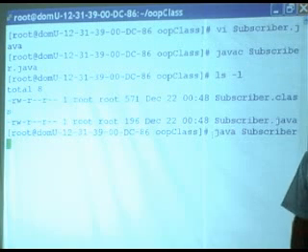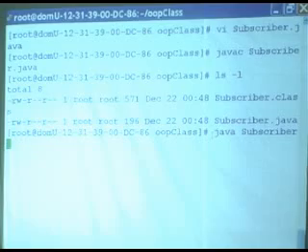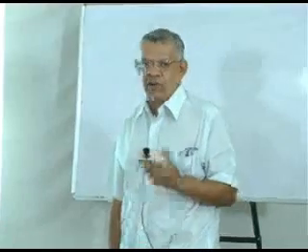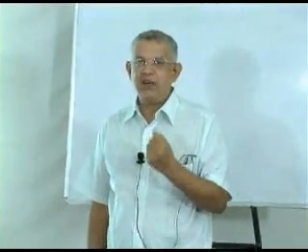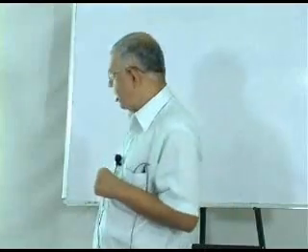But an interesting problem which is going to come up is that though it finds our subscriber.class, it is not an executable class. Now you'll ask, what is an executable class? A class which has a main method is called an executable class. Though we have created subscriber.class, it doesn't happen to have a main method.